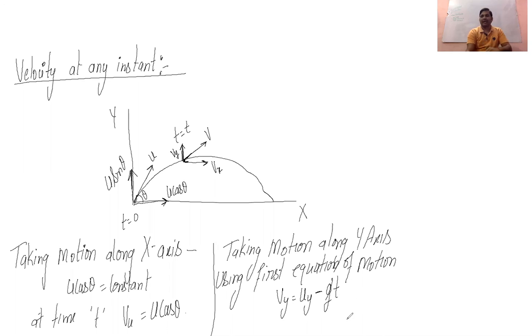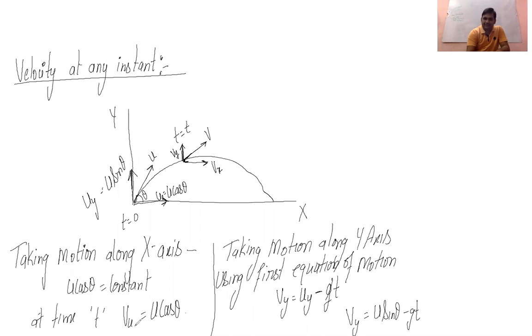We are willing to calculate Vy, and Uy, the initial velocity along the y-axis, is u sin theta, and this is your Ux. So Vy will be u sin theta minus gt.